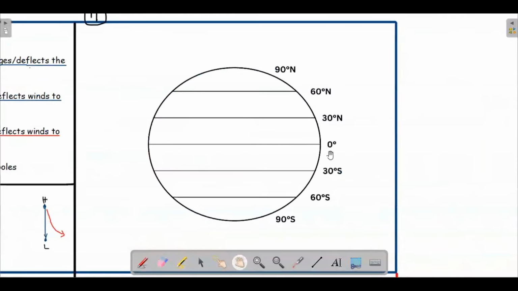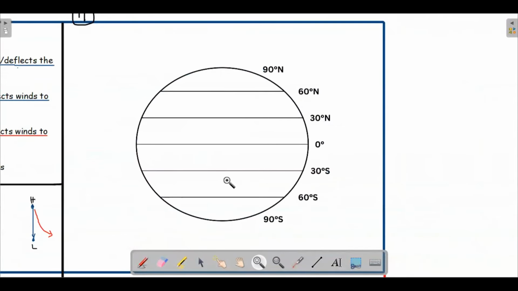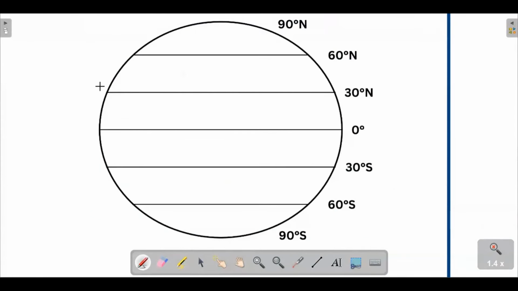So again, here in the northern hemisphere, which is the northern part of the Earth, if we are going to move from A to B, I'm supposed to move like that, but due to Coriolis force, this wind or this air is going to move that side to its right. Remember, this is the northern hemisphere.